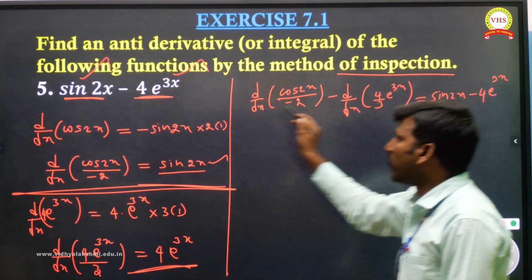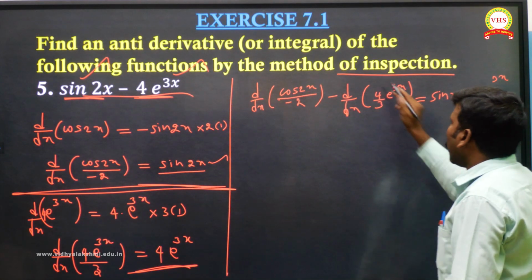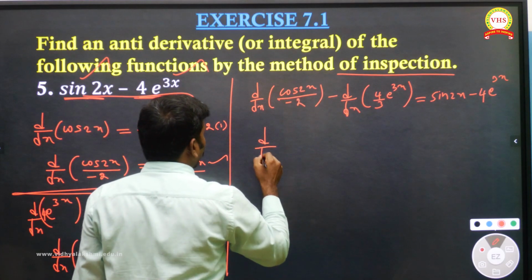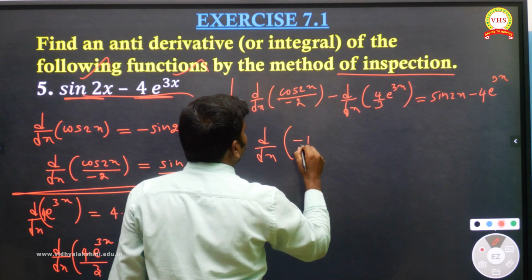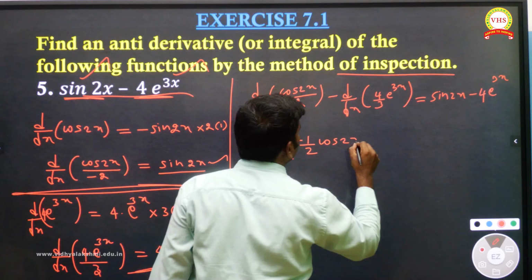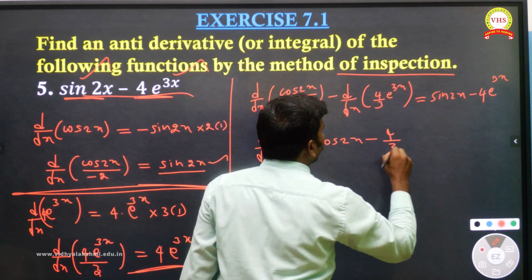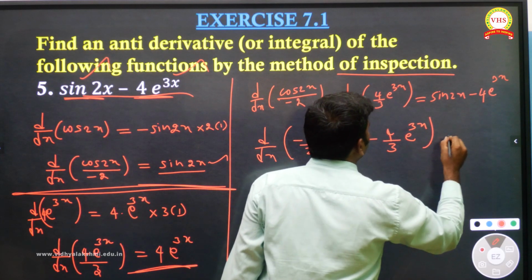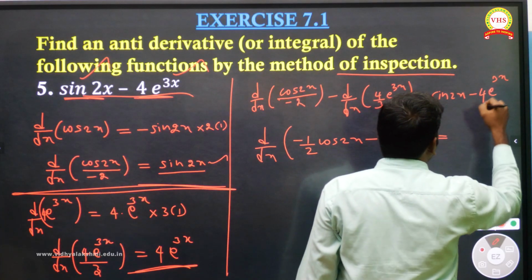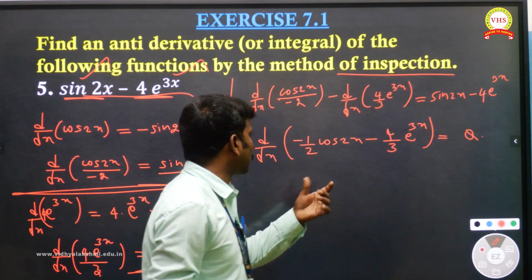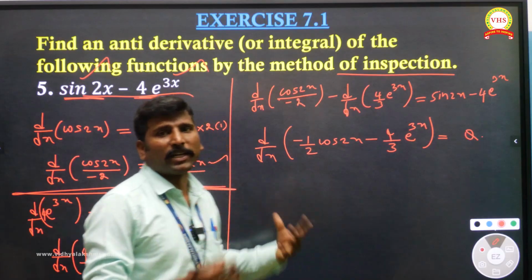See, this is the question they gave. You can notice that this is the question. Now the derivative you can take commonly outside, not an issue. So the derivative of minus 1 by 2 cos 2x minus 4 by 3 e power 3x is equal to the question. So what is my answer then? Inside the bracket, whatever I have, that is my required answer.